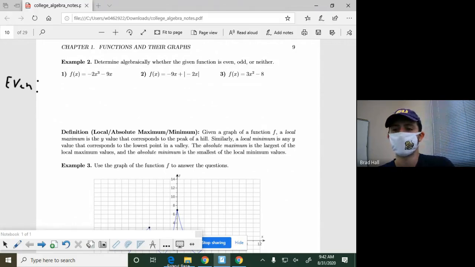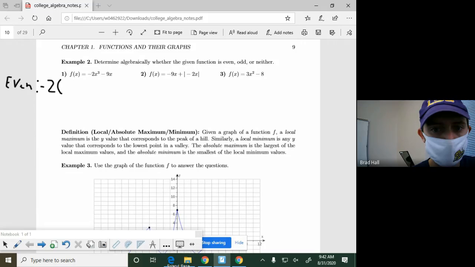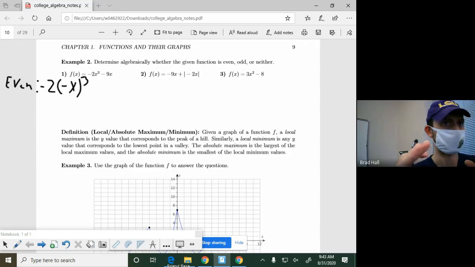The process here for even is to replace every x you see with a negative x. So what's the function we are referencing? I'm going to write it down again. So I see a -2, but hey, I see an x. So guess what? I replace that x, and I use parentheses, a negative x. Notice that parenthesis is important.